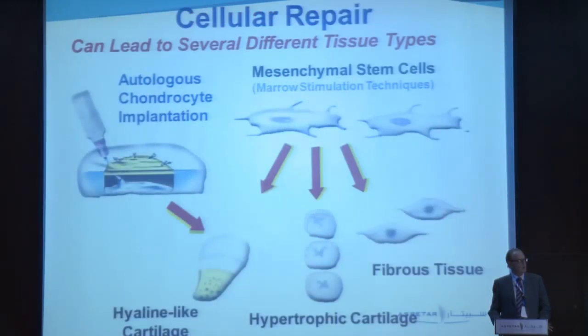As we look at the repair process, the mesenchymal stem cells that are eluted from the marrow in the process of marrow stimulation can lead to several different tissue types: hyaline cartilage, fibrous cartilage, or even hypertrophic cartilage.